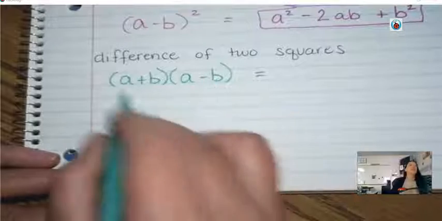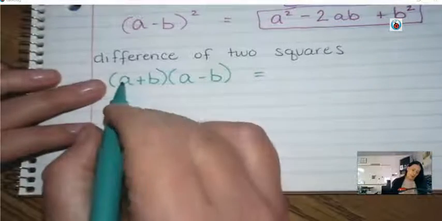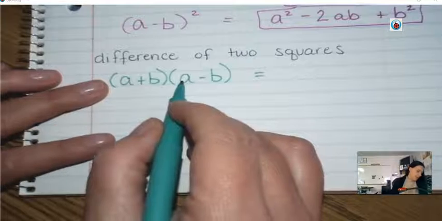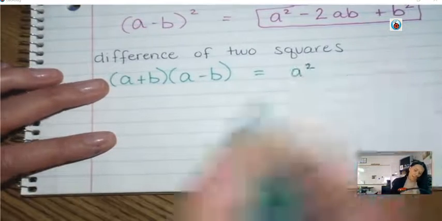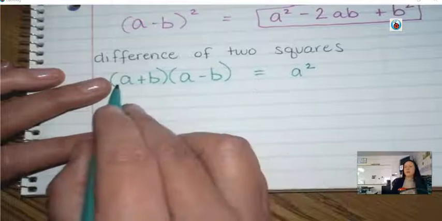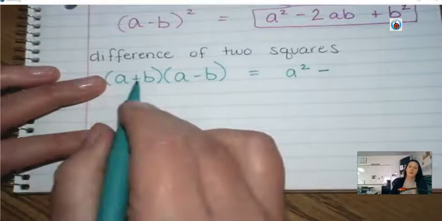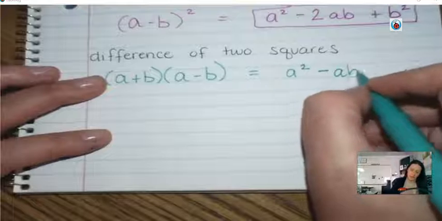If you see those, a binomial by a binomial like this, a times a is a squared. A times negative b. So a positive a times a negative b. A positive times a negative is negative. A times b is ab.